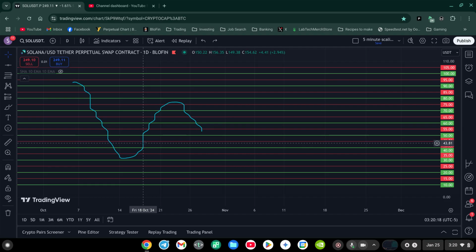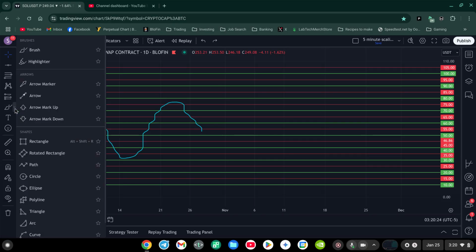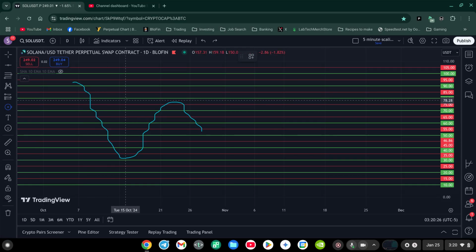what will have happened is, as the bot is placing its buy orders, say for example here, place the buy order here.